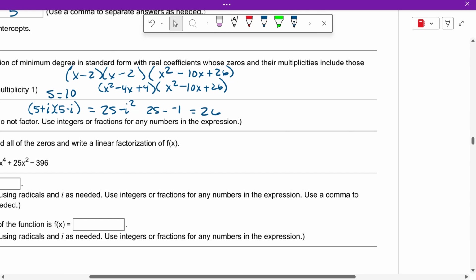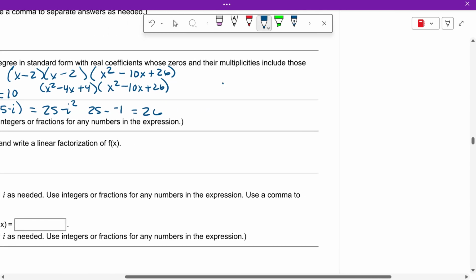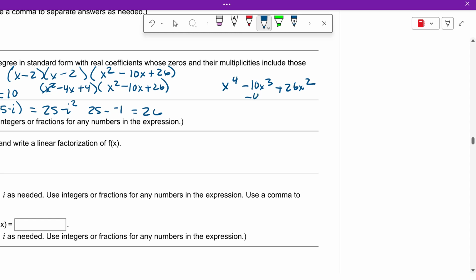And we multiply all this out. So it's x to the fourth minus 10x to the third plus 26x squared. Negative 4x times x squared is negative 4x cubed plus 40x squared minus 104x.